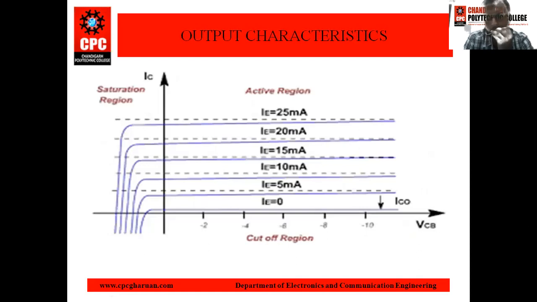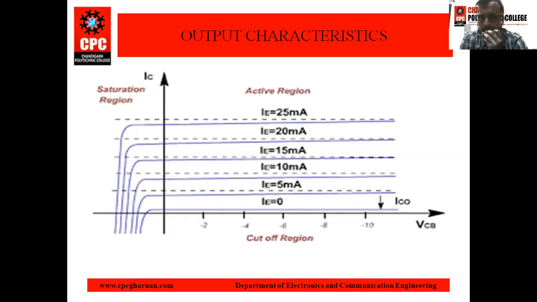In this, first of all, we apply an input current of 0 and increase the voltage VCB. You can see that the voltage increases but the current is not increasing. The second time, we set the IE current to 5 milliampere and start increasing the voltage VCB.